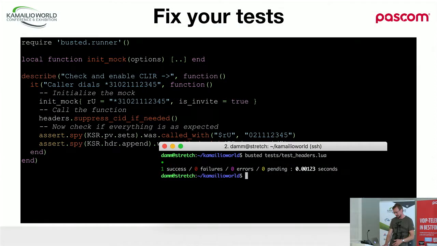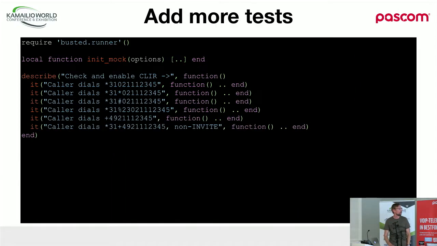But as I said, there are different ways to write this *31 thing, so we have to add some more tests. So we check if it's *31 star, *31 pound, and even a URL-encoded pound. We've seen that from some devices. And there are two tests at the bottom that are partially or completely negative tests.